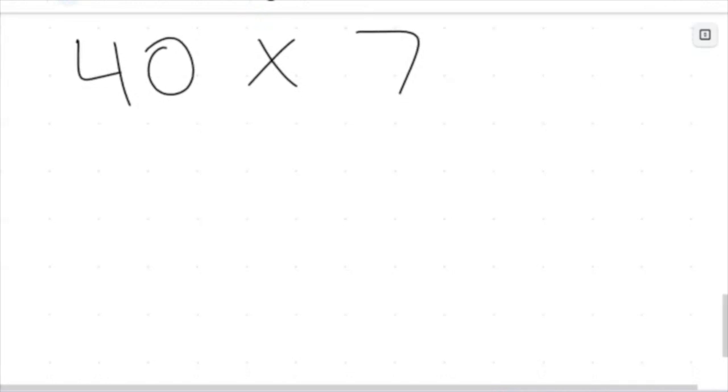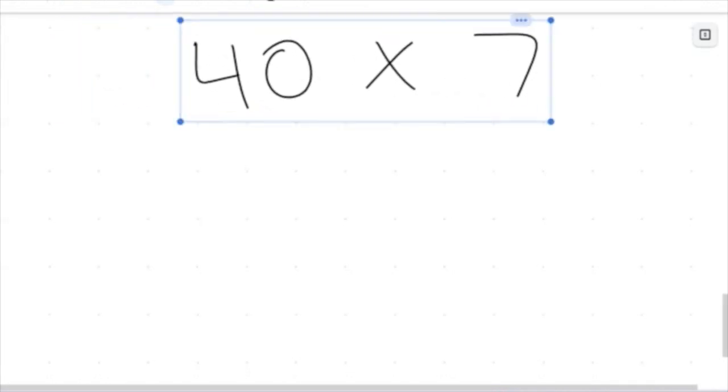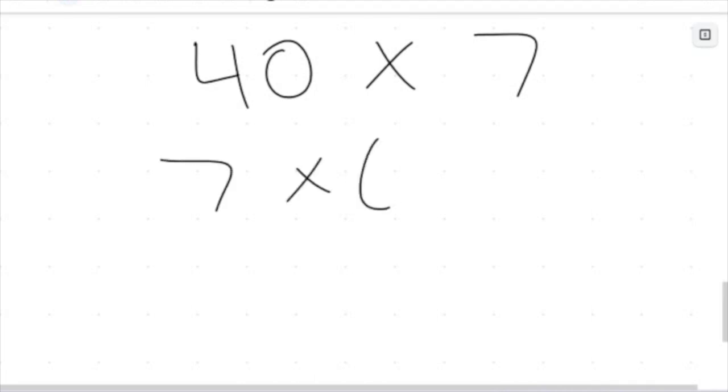So now that we have this, let me center it a little bit. 40 times 7. Some of you may remember, I can use the distributive law here. And this is really just extra practice for some of you, but I can break this 40 up. Oh, sorry, not the distributive law.